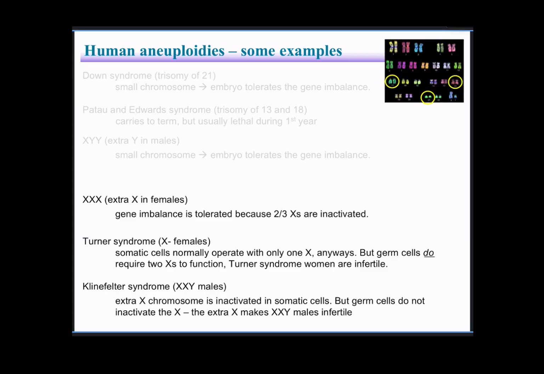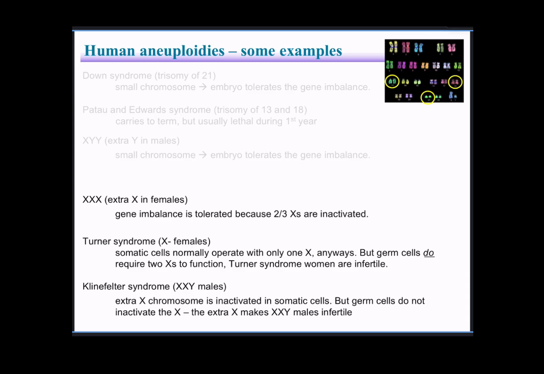So how come an aneuploidy of such a large chromosome can be tolerated, right? How can all of these individuals that are XXX or X nothing or XXY reach adulthood? The reason for that has to do with something that some of you may have heard before, most of you maybe not, and I wouldn't blame you.